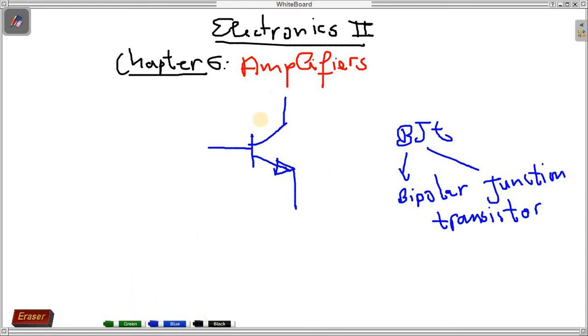We say that the transistor has three terminals: the collector, the emitter, and the base. C for collector, E for emitter, and B for base.